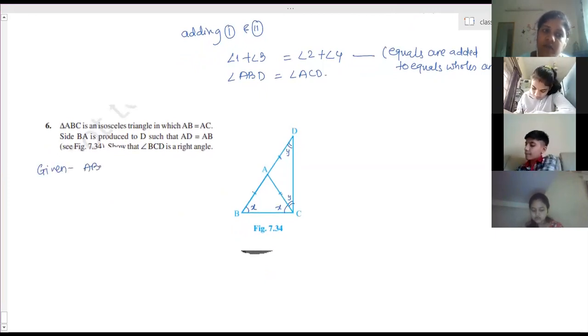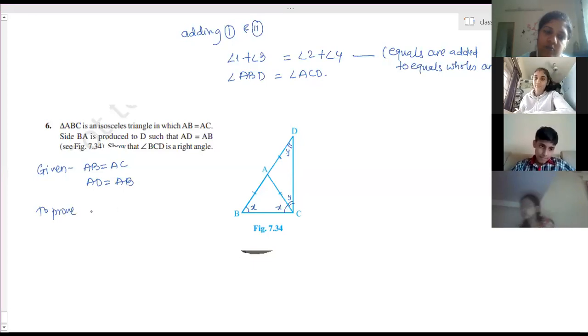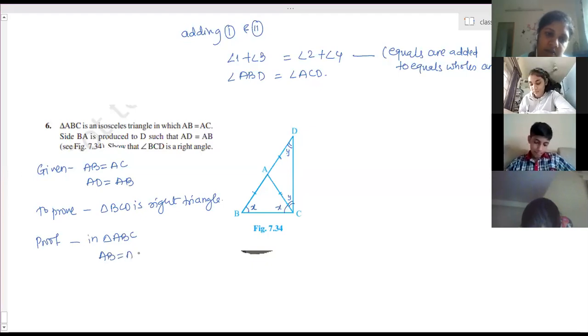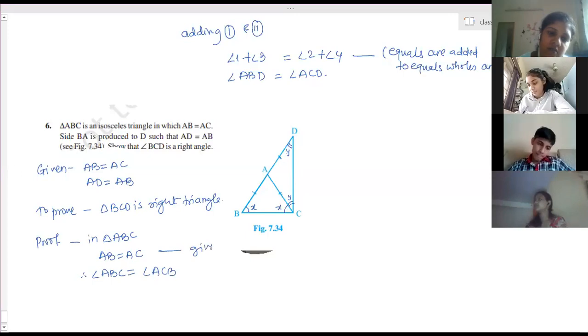Given AB is equal to AC and AD is equal to AB. To prove triangle BCD is a right triangle. Proof. In triangle ABC, AB is equal to AC. So therefore angle ABC is equal to angle ACB. This is given.